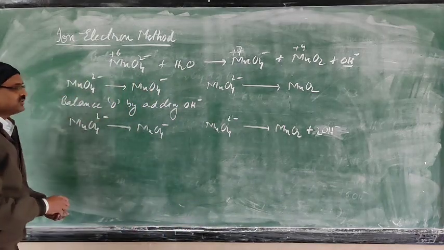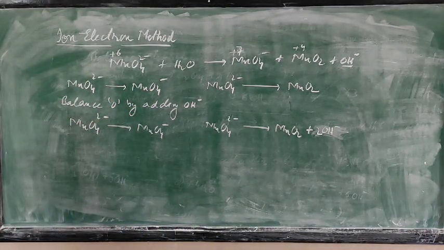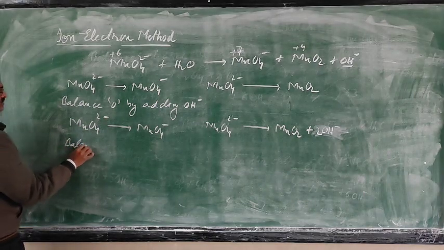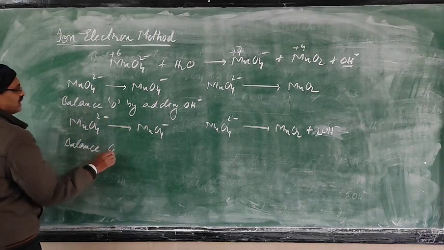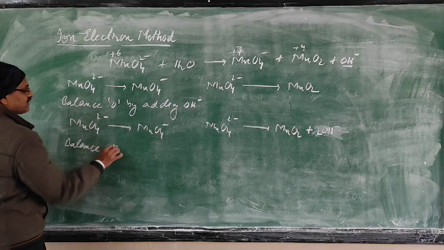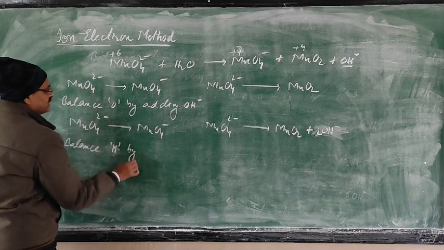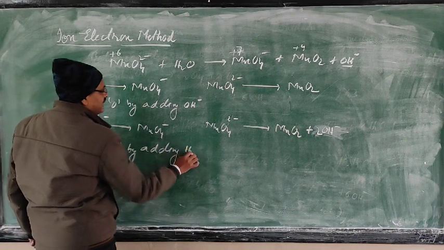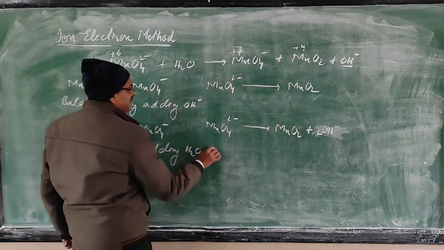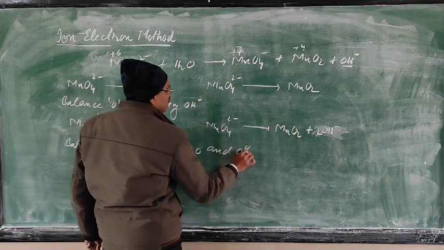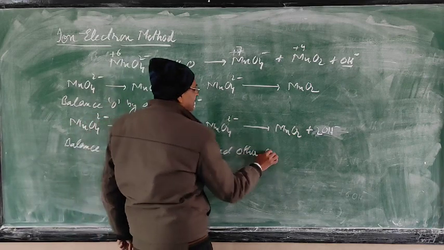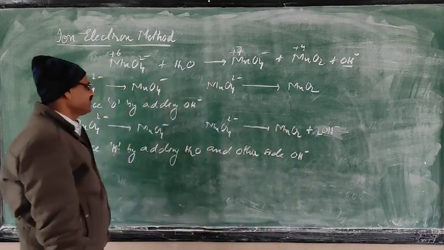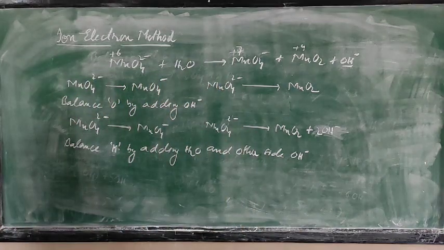Now balance hydrogen by adding H2O and other side OH negative. Means wherever the deficiency of hydrogen is there, add that many water molecules.